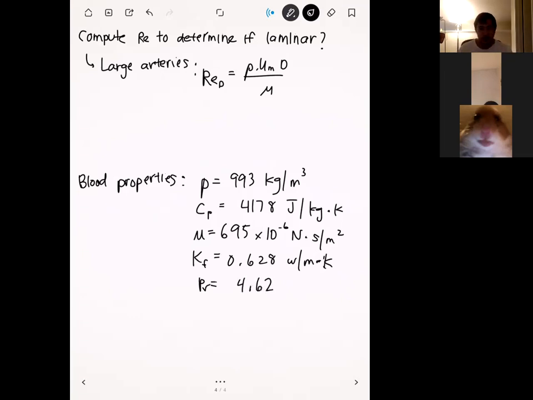Okay, so that's better. Now you can plug in everything for the Reynolds number. For the large arteries, once we plug all these numbers in, we get a Reynolds number of 557.